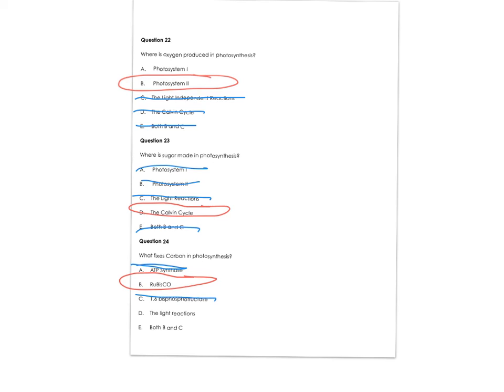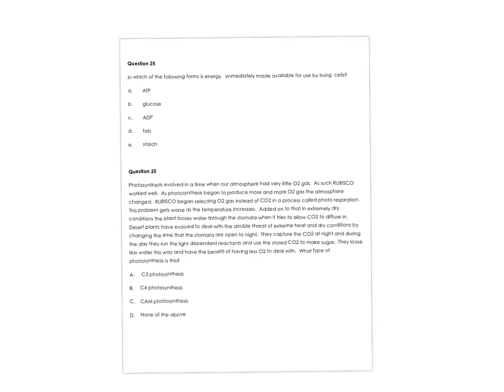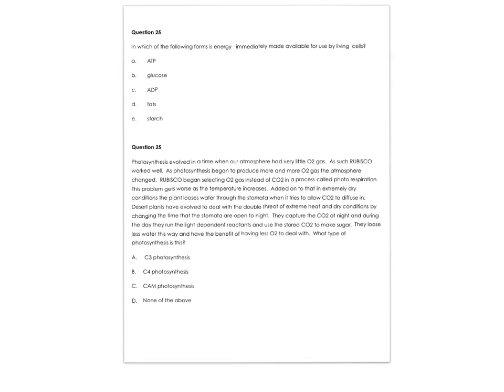This one's completely made up. The light reactions, we already talked about what they do, and it can't be B and C, because C is made up. Rubisco is the answer. And that answer did not change from the previous exam, and I explained that question in the previous video.